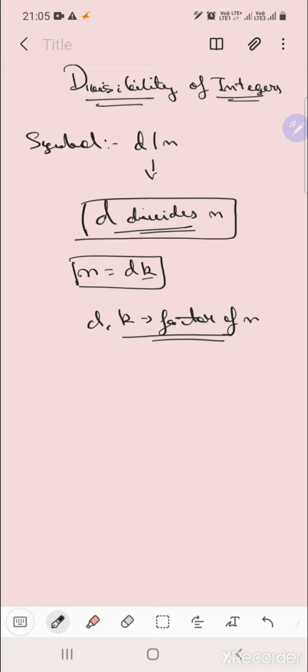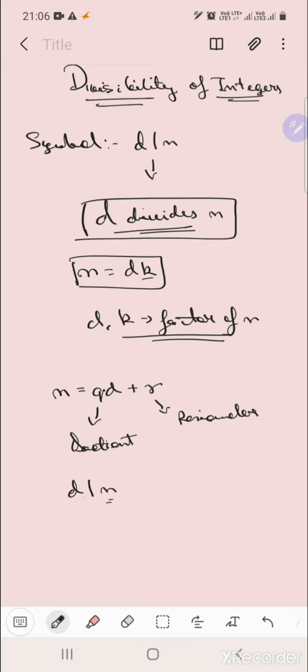I guess you people already know that any integer can be written in the form qd plus r, where q is the quotient and r is the remainder. So if a number n is divisible by d, then that implies that r equals 0, that is, the remainder becomes 0.